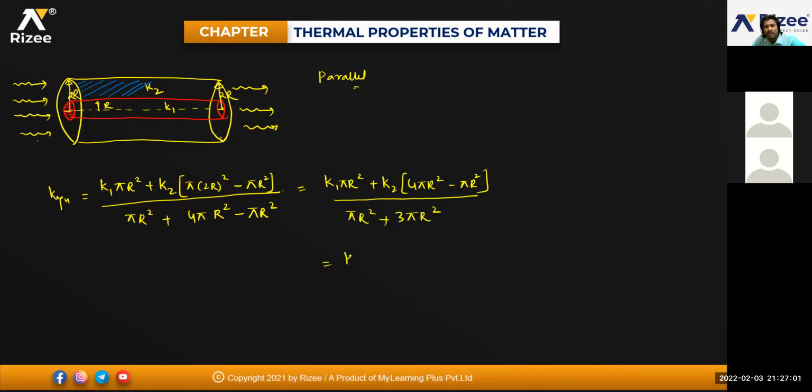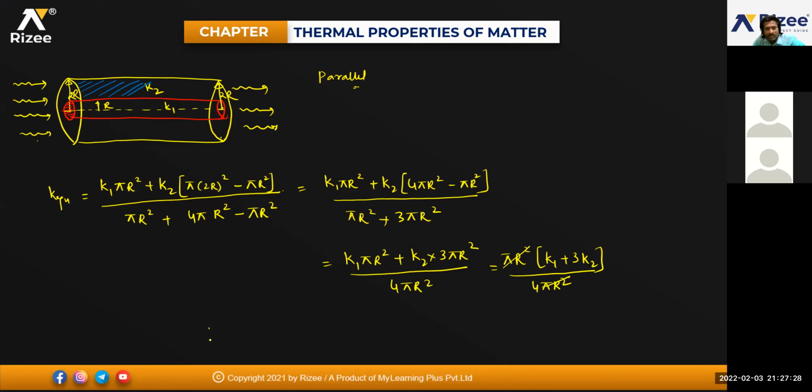So pi R square is common, and it will be K1 plus 3 times K2 divided by 4 pi R square.